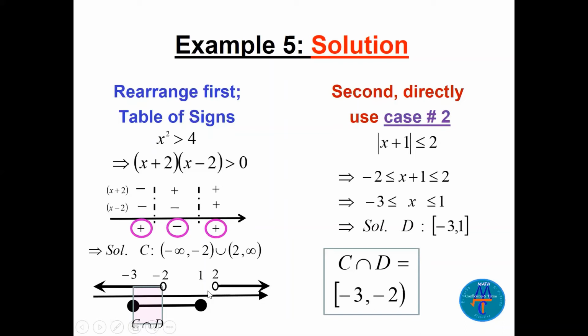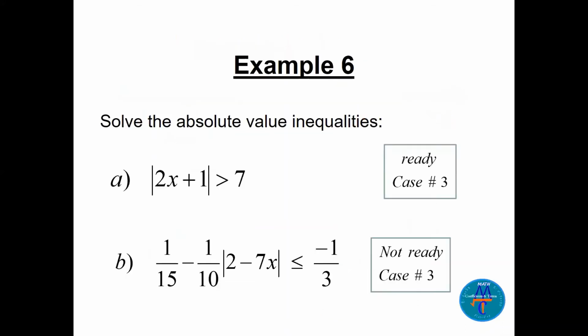Nice question, really. Now, solve the absolute value inequality. We can see A is ready. Why ready? Absolute value greater than a number, a positive number. This one is not ready at all. You see many fractions, negatives. You have to rearrange it, then you will decide about the case.